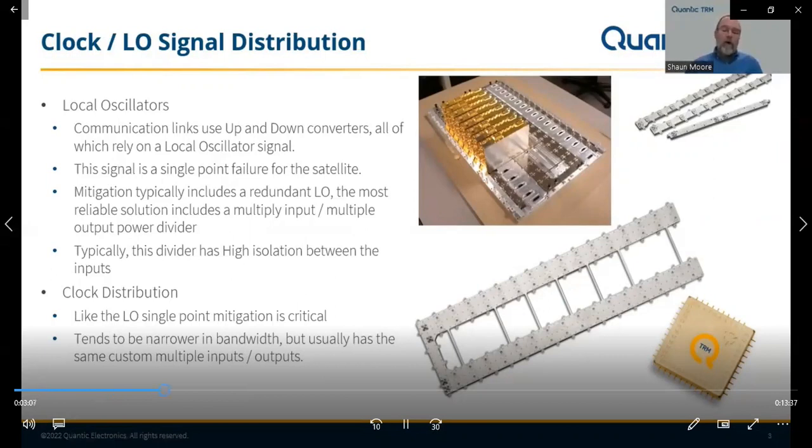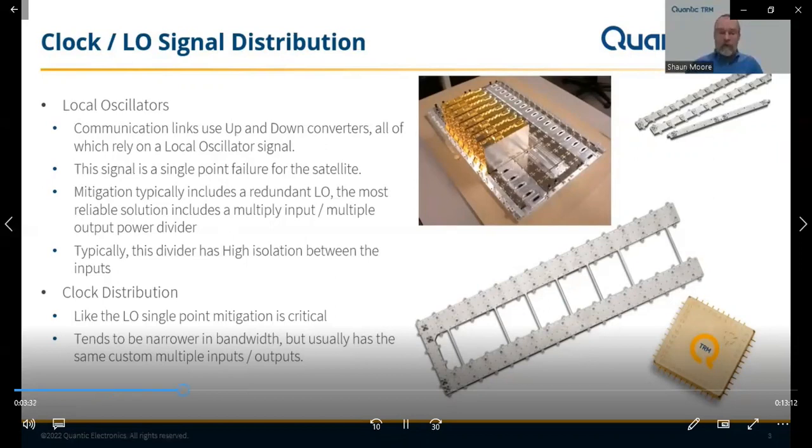Therefore, there are power distribution networks coming from the clock local oscillators, where we have to take that signal and divide it out, and then have it go to each one of those subsystems. So really, what we're looking at here is a multiple input, multiple output power divider network to be able to accomplish this.